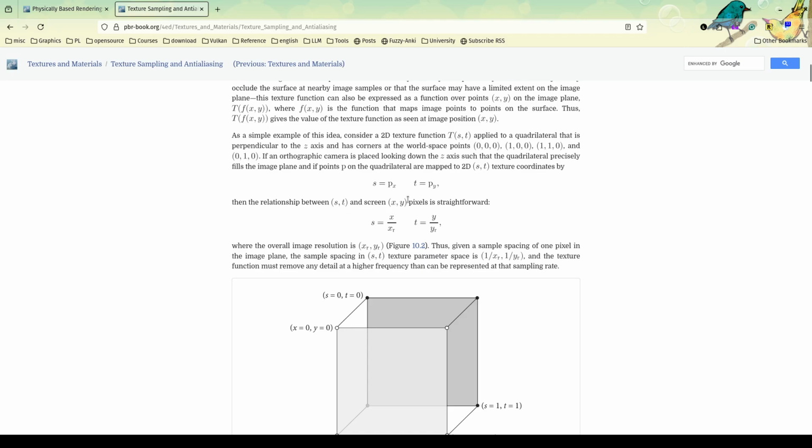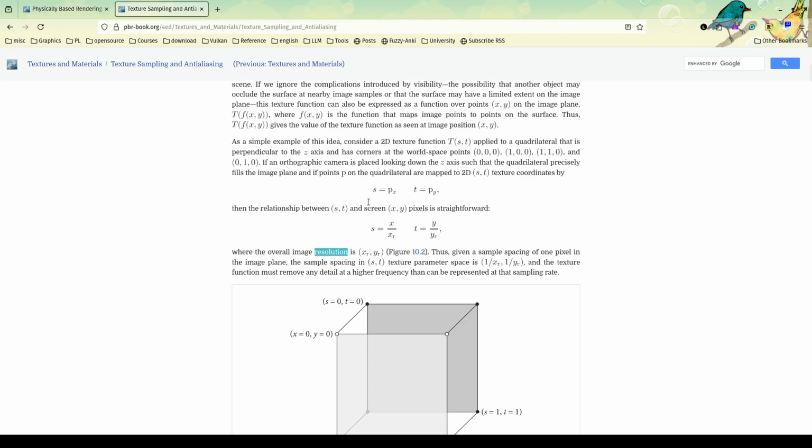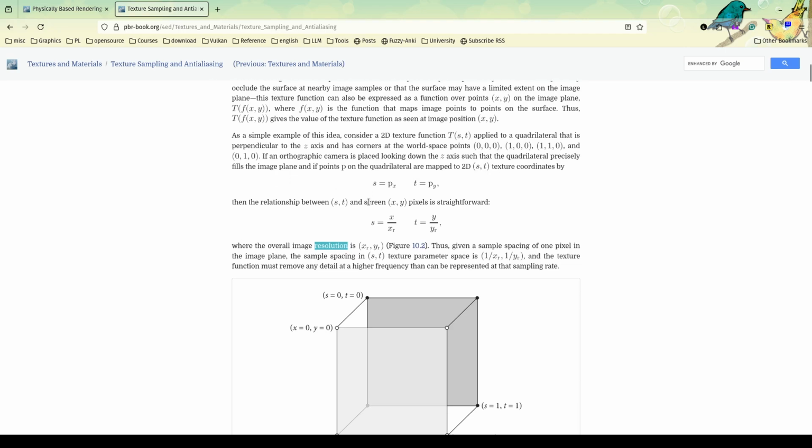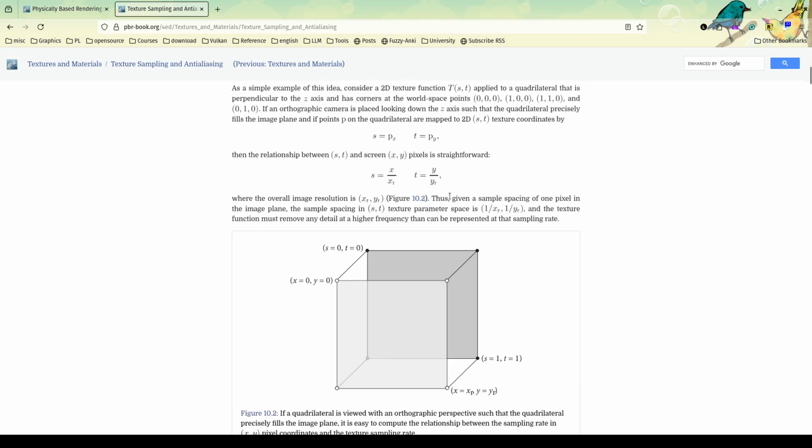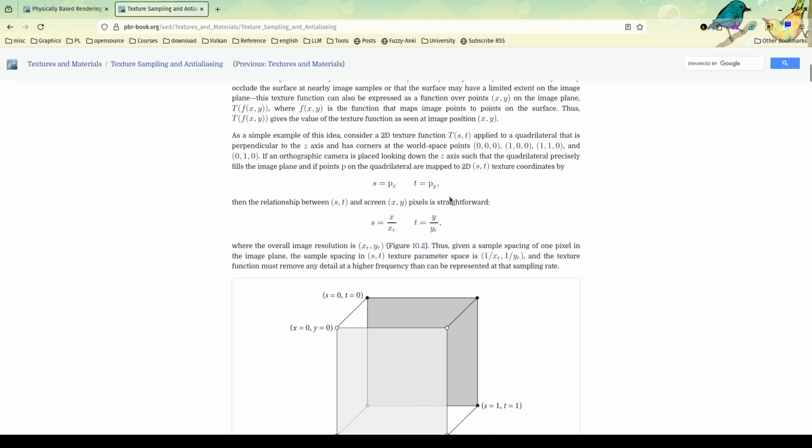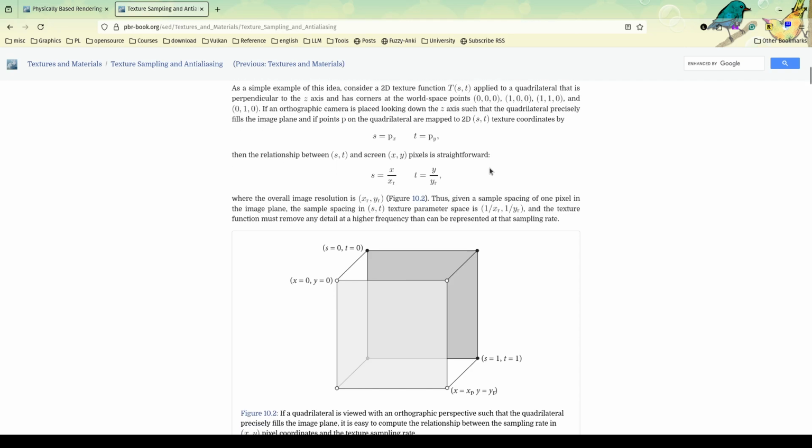And then the relationship between (s, t) and the screen (x, y) is straightforward. s is x divided by x_r, the image resolution, and similarly for t. It's a very fun way to describe mapping from 0 to 1 to 0 to image resolution.